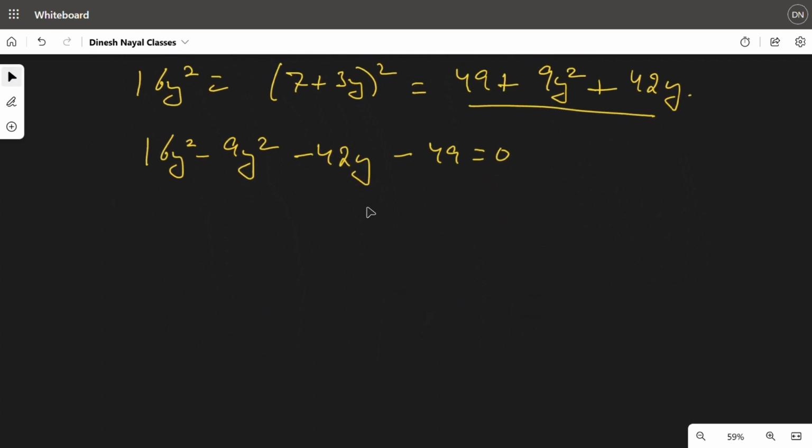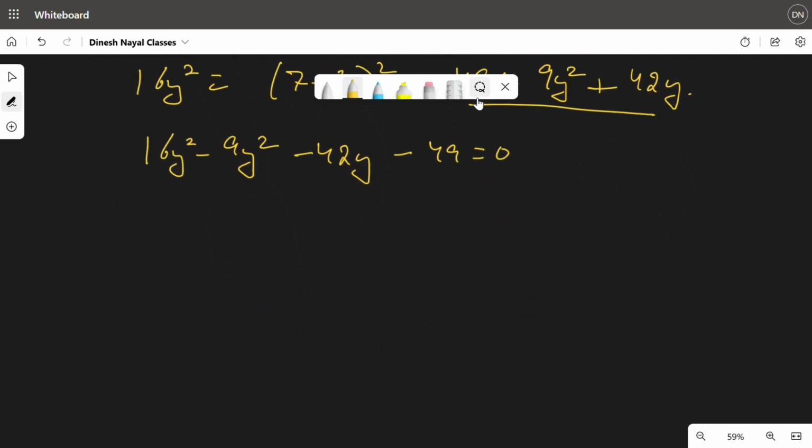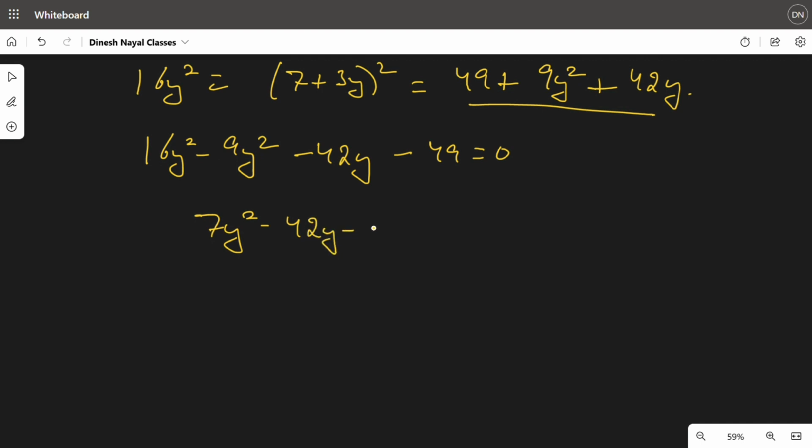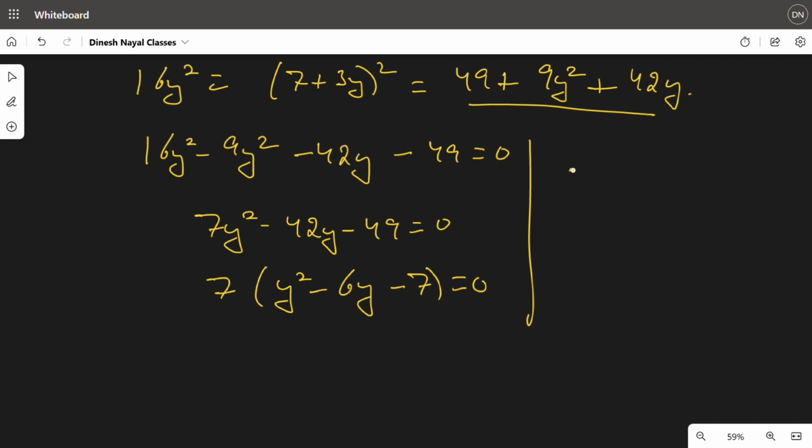Now continuing with this, 16y square minus 9y square is 7y square minus 42y minus 49 equal to 0. You can take 7 common, so this will be y square minus 6y minus 7 equal to 0. Take 7 to that side, this will also be 0. So now basically you have to solve y square minus 6y minus 7 equals 0.